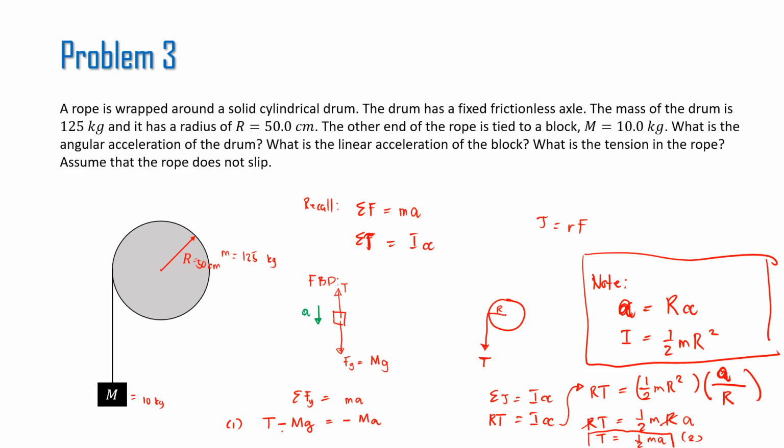And then from here, we can further simplify equation number 1. So equation number 1, we have T is equal to mg minus ma. So we have now two equations for tension. To eliminate a, we just substitute equation 2 into equation 1.